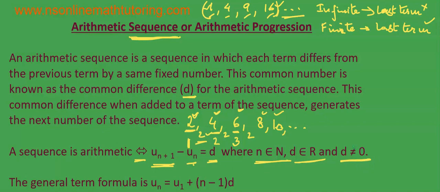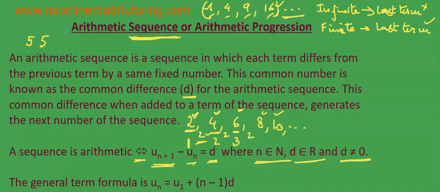Let me show you the reason. Let me write over here. If 5 is the first term of any arithmetic sequence whose common difference is equal to 0, I add 0 to 5 to get the second term of the sequence. 5 plus 0 is equal to 5.